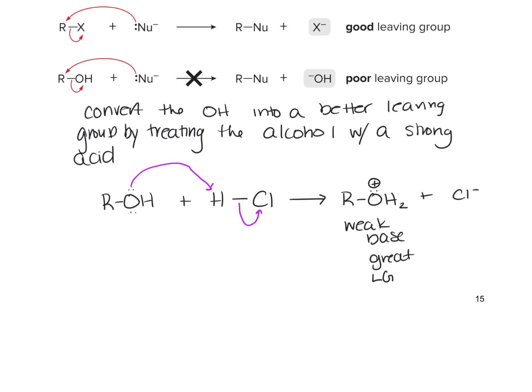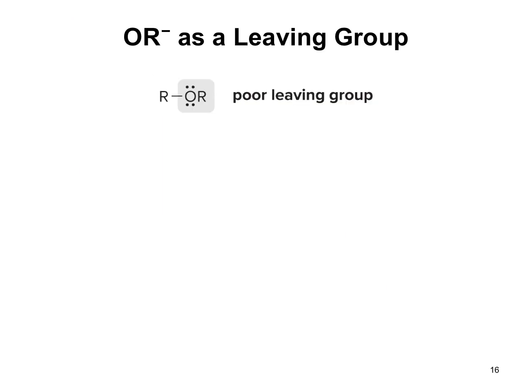So, like alcohols, ethers do not contain good leaving groups. Okay, so this ROR, which is our ether group, is just a poor leaving group. So what that means is ethers undergo fewer useful reactions compared to alcohols.